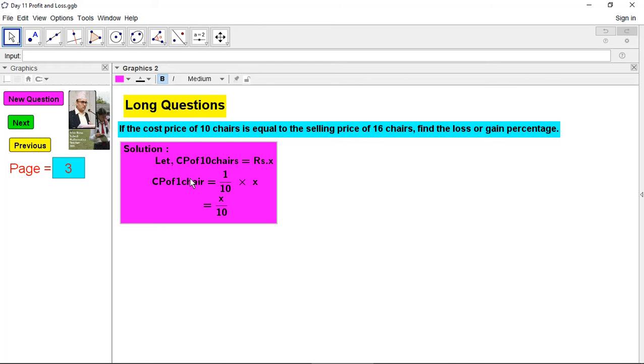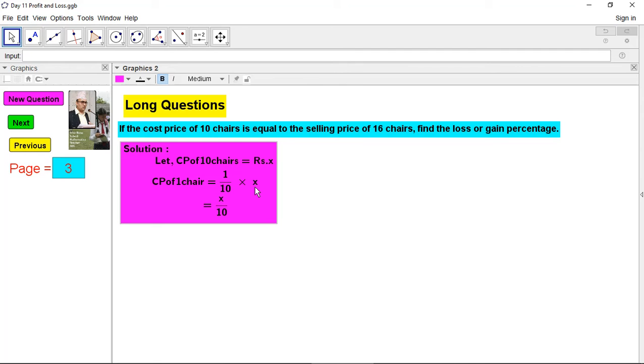Using the unitary method, dear students, we can find the cost price of one chair. Cost price of one chair is 1 by 10 into x, that is x by 10.